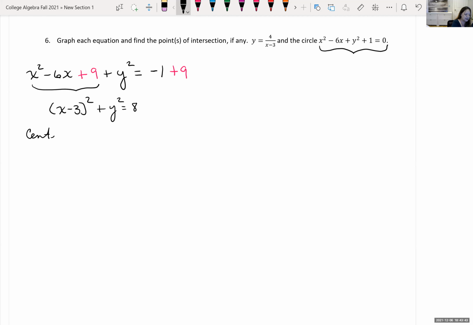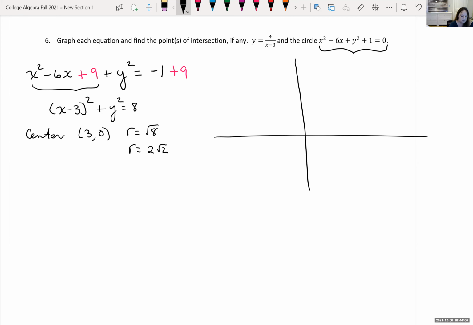So I can tell what my center is. It is 3, 0. And my radius is square root of 8, or 2 root 2. So let's graph that. So 2 root 2, or square root of 8, that's a little more than 3.